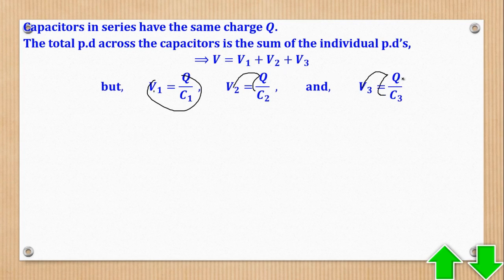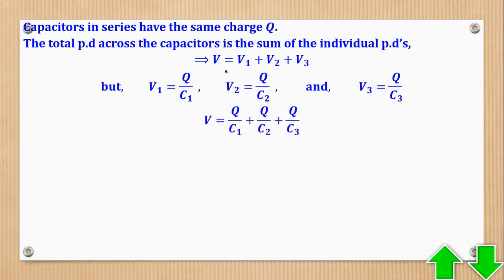It should have been Q3, but because the charge is the same, that's why you put the same letter, Q throughout. If it was different, we would have used Q1 here, Q2 here, and Q3 here. But because it's the same, we shall use the same symbol. Then from there, I'll substitute for V1, V2, and V3.